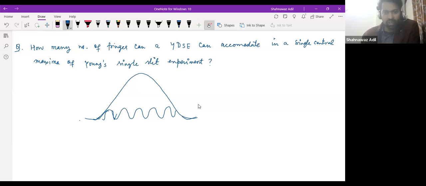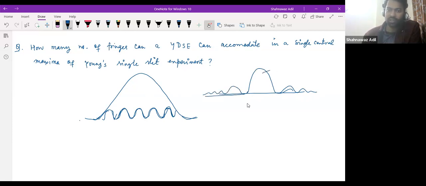Because we know that for double slit experiment the intensity is similar. For the single slit experiment, when we draw the intensity curve, you will see that the intensity goes like this for single slit.